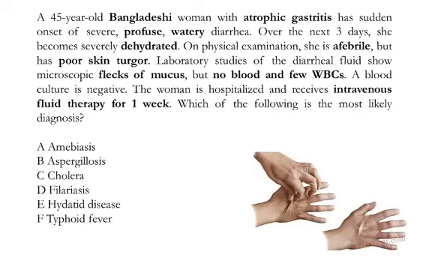With atrophic gastritis is important in this case, surprisingly enough. Atrophic gastritis means that the atrophy, the reduction of mucous membrane appeared.